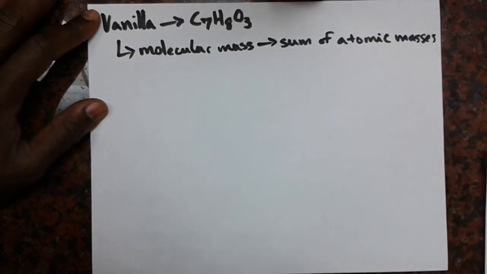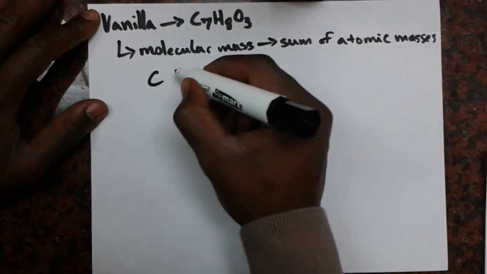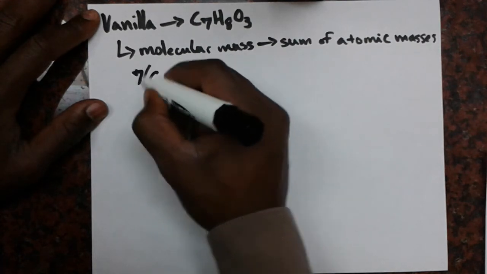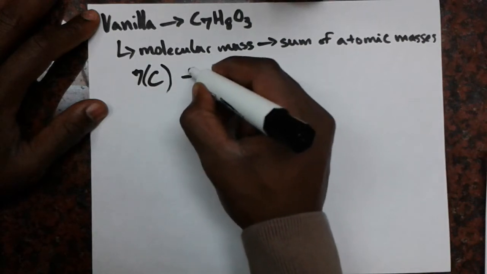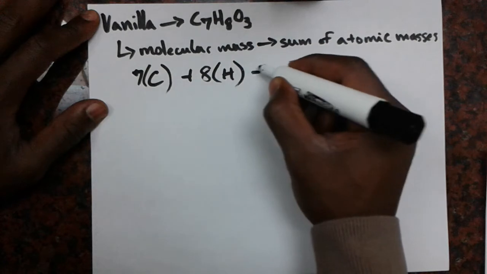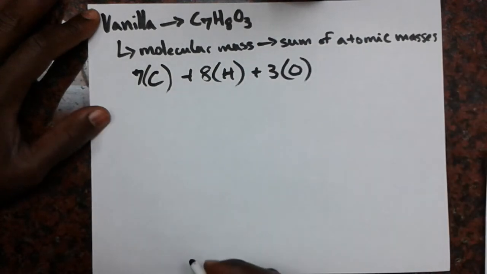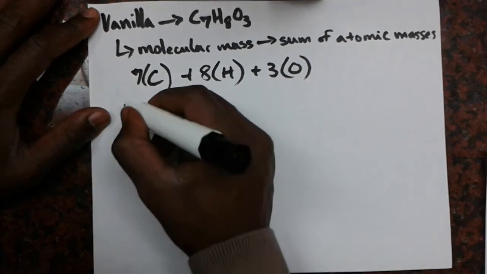Okay, so this is very simple. We have 7 carbons, we have 8 hydrogens, and we have 3 oxygen atoms. Essentially, we just replace the symbols with the corresponding atomic masses.